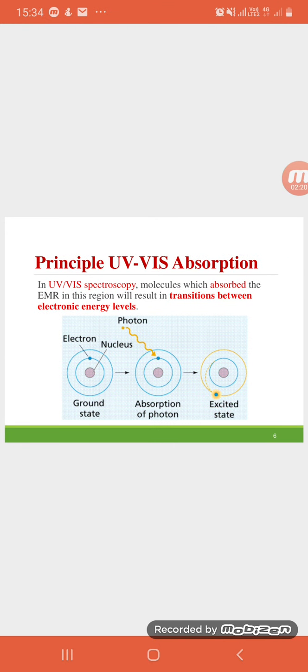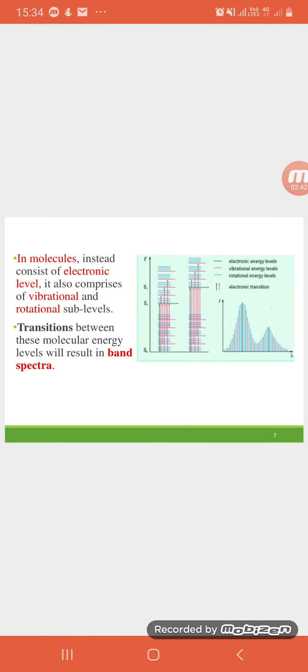As I said just now, the molecule can absorb the UV visible radiation, and when the absorption occurs, the electron will move from the ground state to the excited state, as you can see from this diagram. There are electronic level, vibrational level, and rotational level.